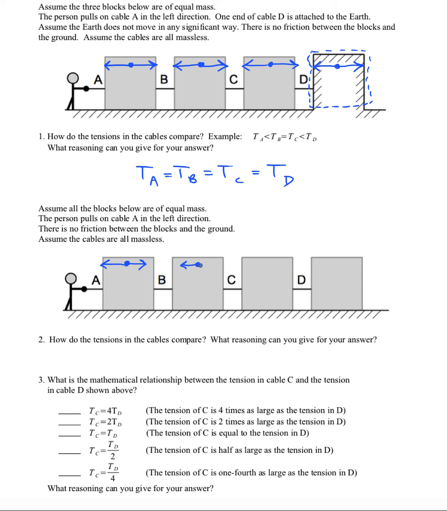And so the force from cable C cannot be as large as the force from cable B. That same force will be exerted on the second to last block. And the force from cable D has to be even less.